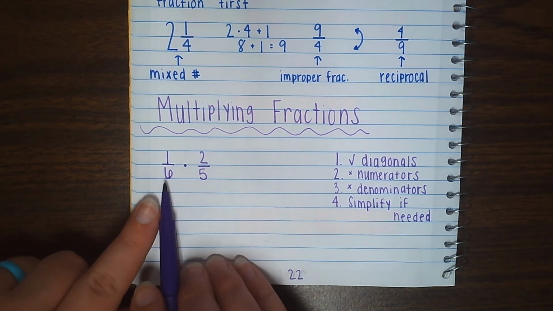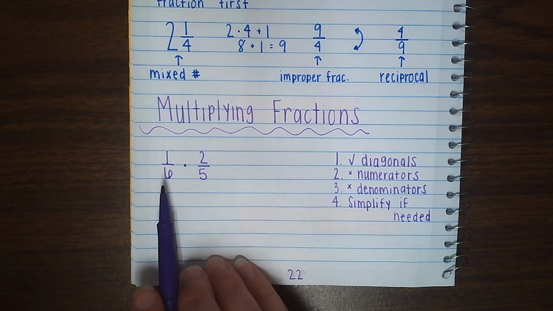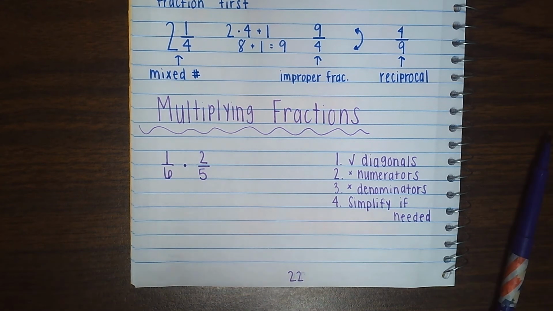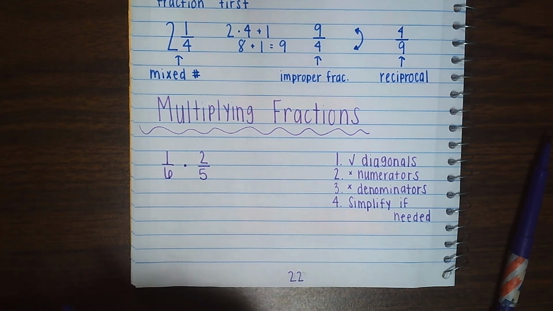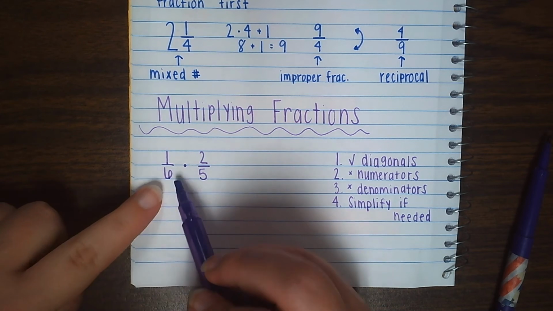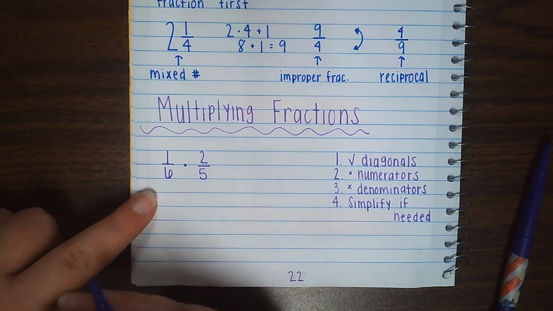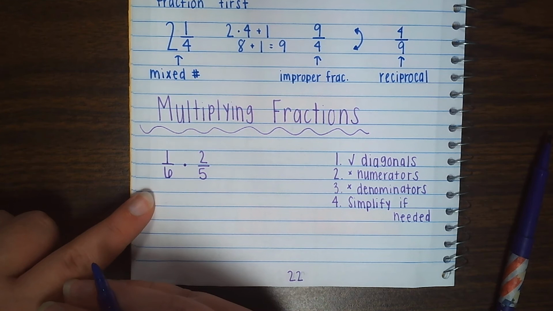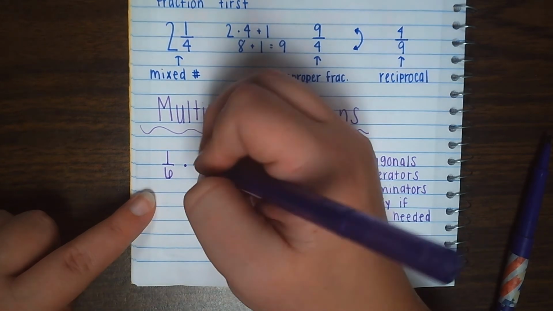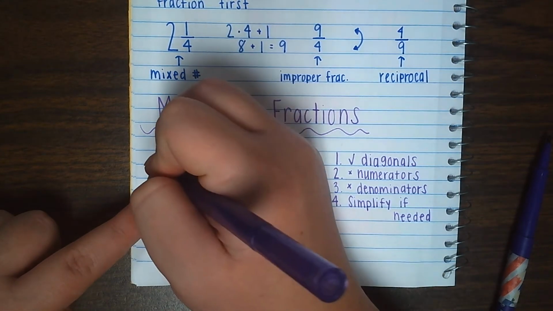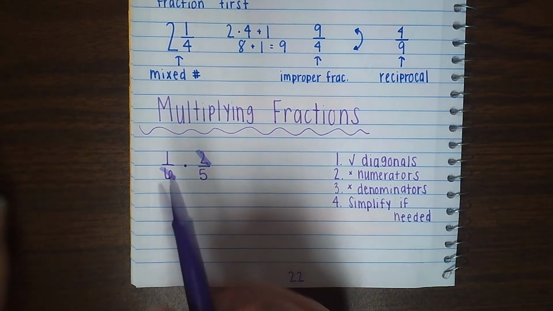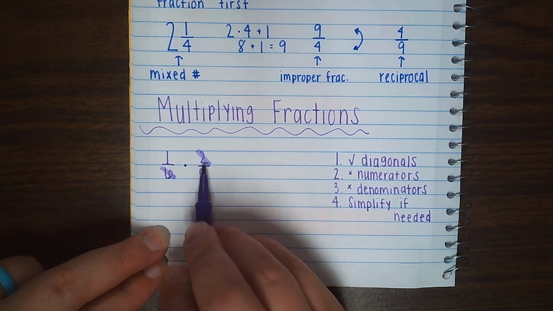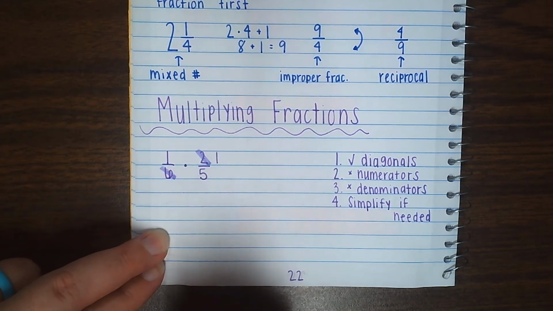So with our example, the first thing I want to do is to check my diagonals. So looking, 1 and 5, do they have a common factor? No. 6 and 2, do they have a common factor? Yes. Both of these numbers can be divided by 2. So I mark those out. 2 divided by 2 is 1.